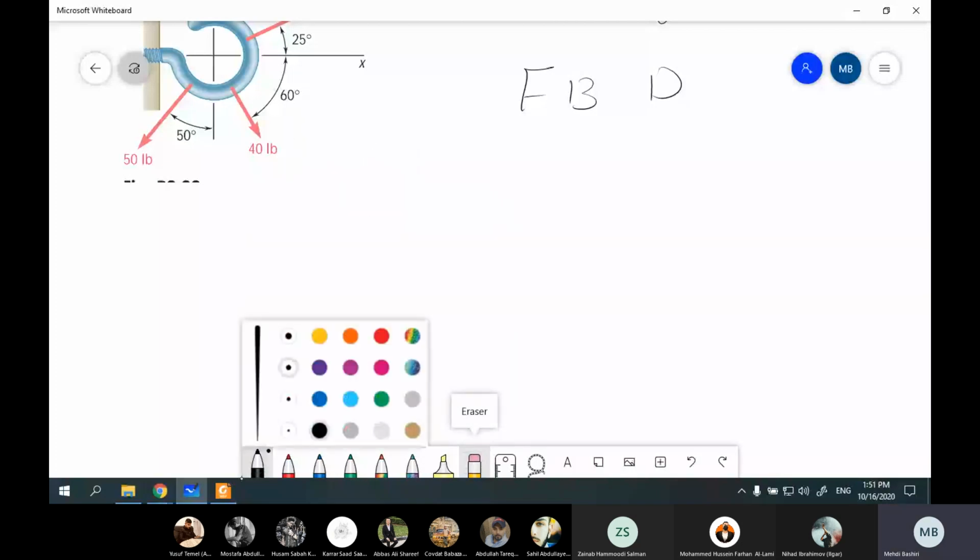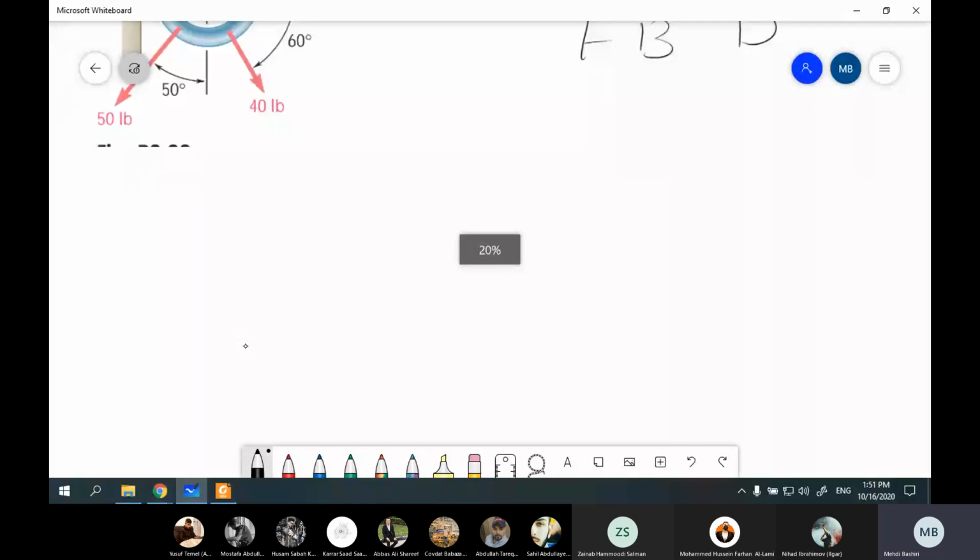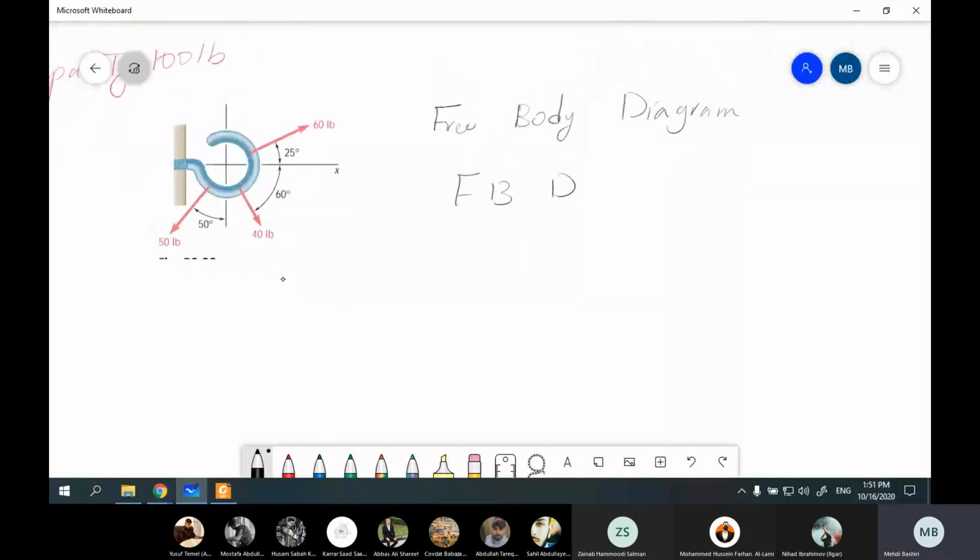Here, I have a coordinate system like this, x and y. You have to find the intersecting point of these forces, the point at which all these vectors meet each other.